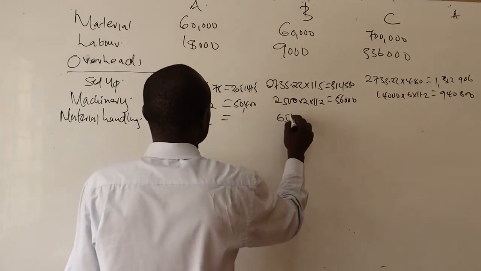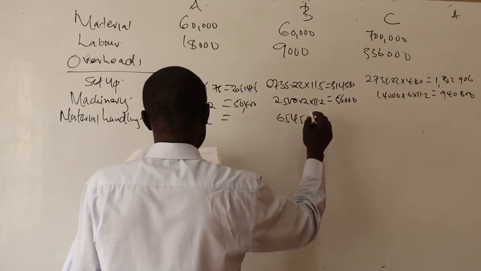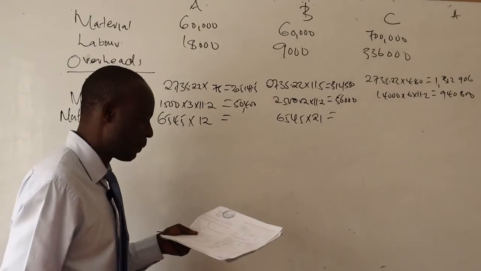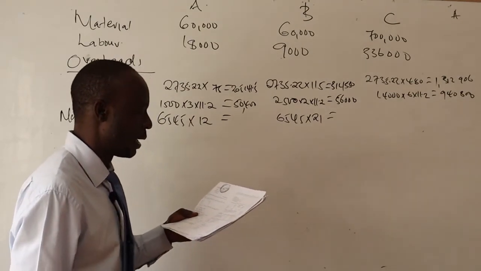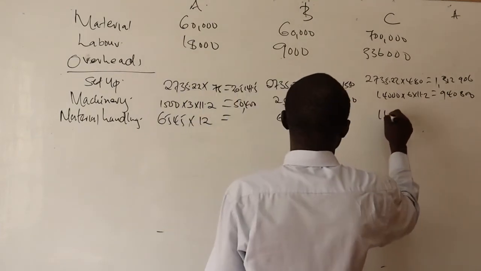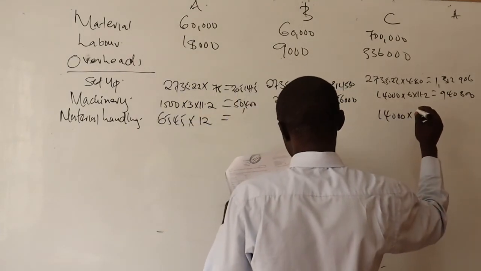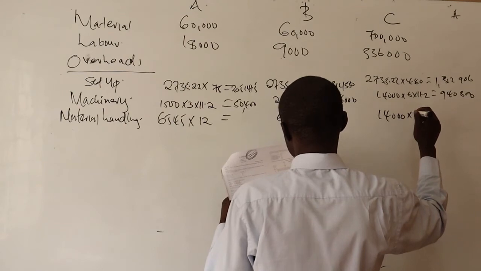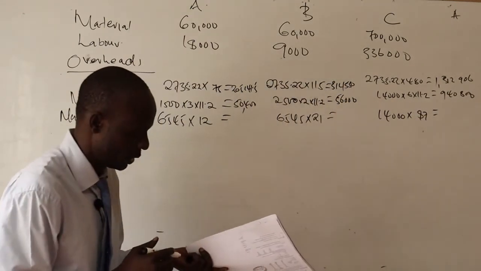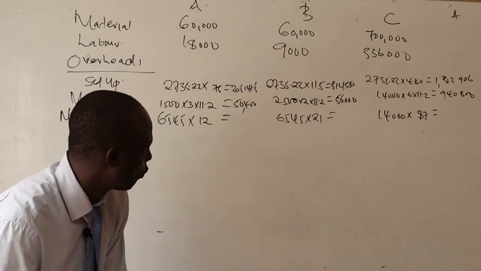Here 6545, we're going to multiply by 21. Why 21? It was based on the number of material movements, and product B had 21 movements. This one is going to be 14,000. You multiply by 87. Why 87? It is based on the material movements. Product C had 87 movements.